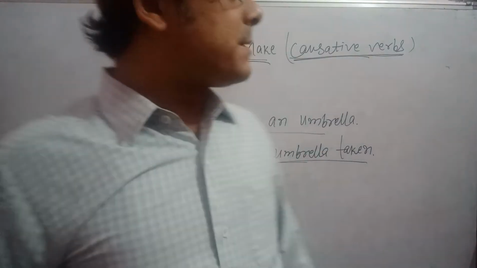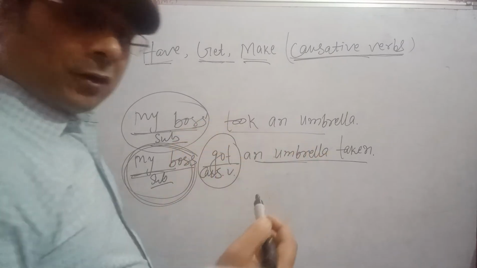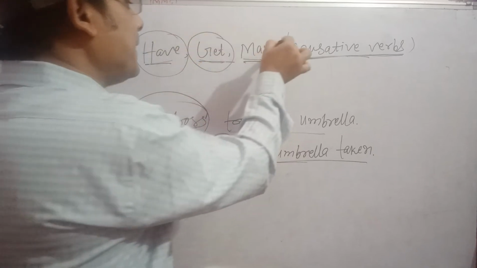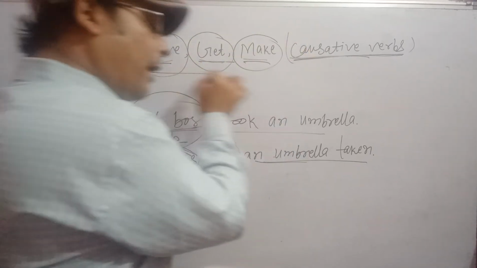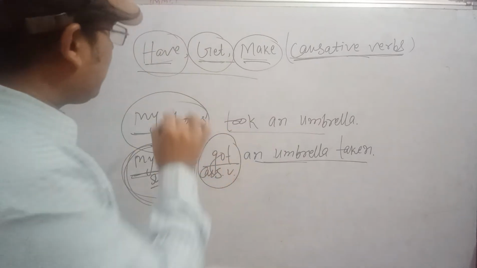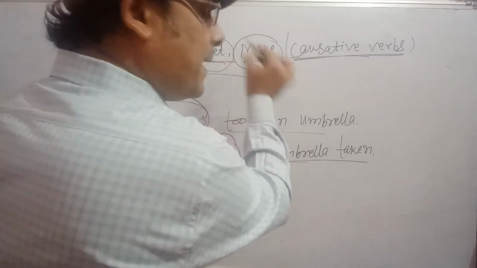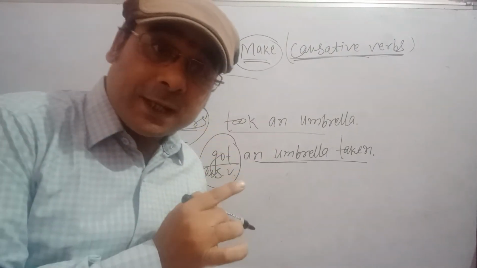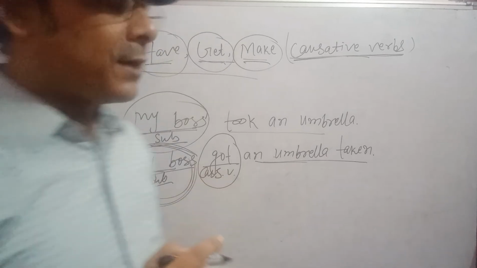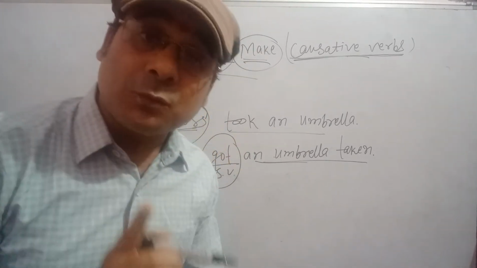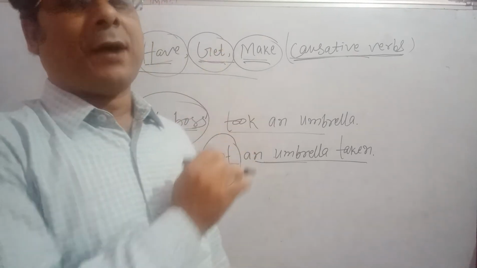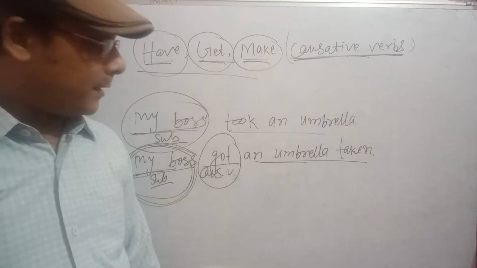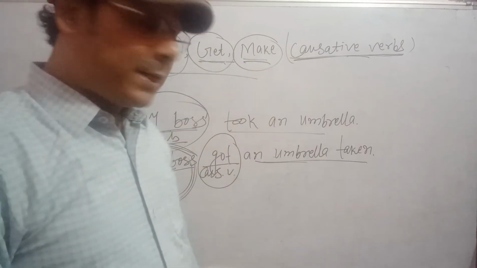So, dear students, as causative verbs, we use have, get, make. Again, I'm repeating, have, get, make are used as causative verbs, and a causative verb is used while the subject of the sentence doesn't work. The work happens by someone else.